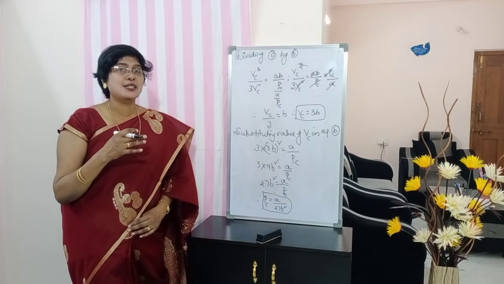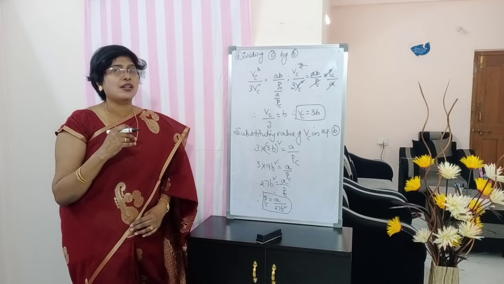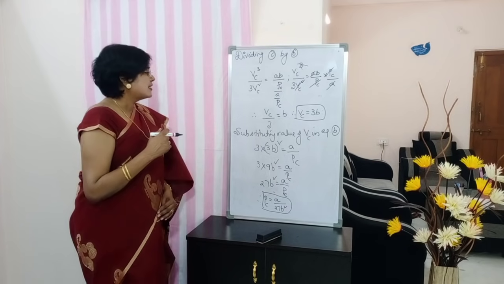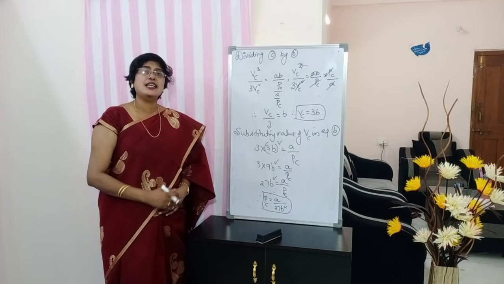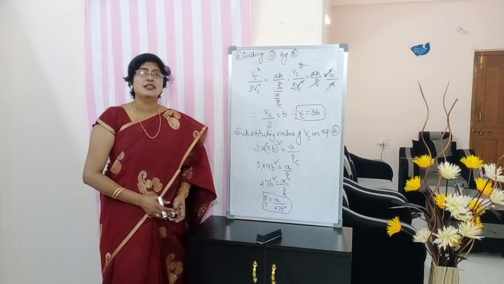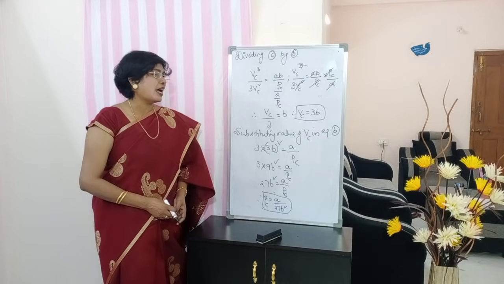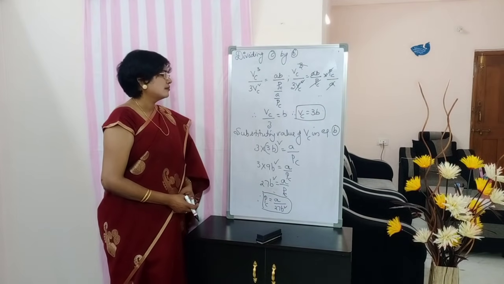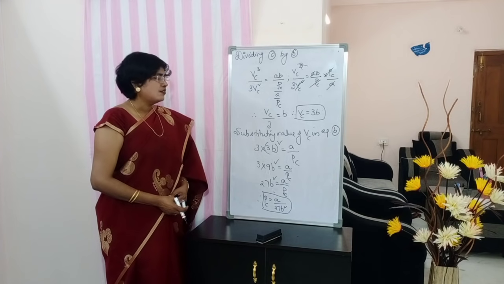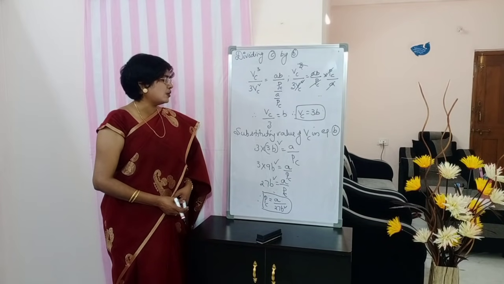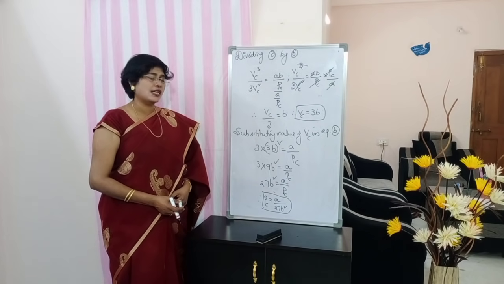Okay. Relationship between critical constants and Vanderwaal constants we are doing students. Vc is equal to 3B. Okay. Below, substituting value of Vc in equation B. So what do we get? 3 into 3B whole square is equal to A by Pc. 3B whole square means what students? 9B square.